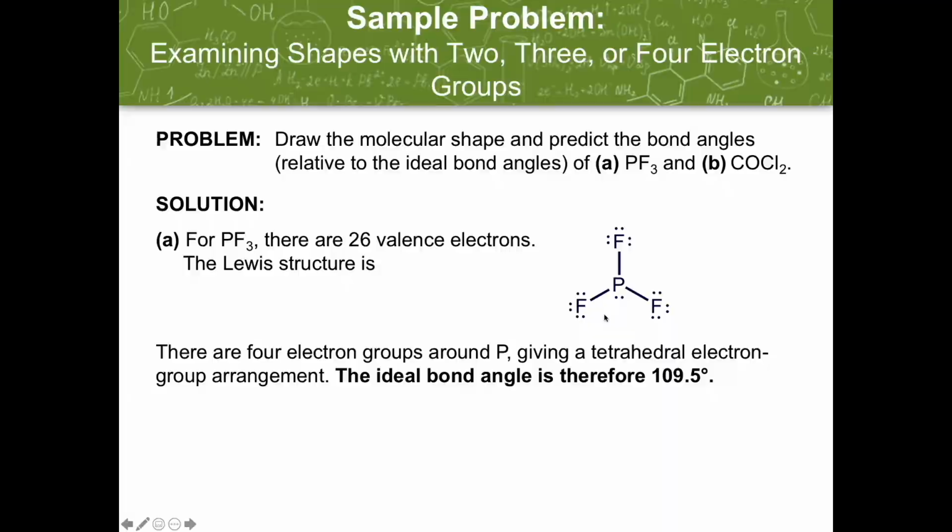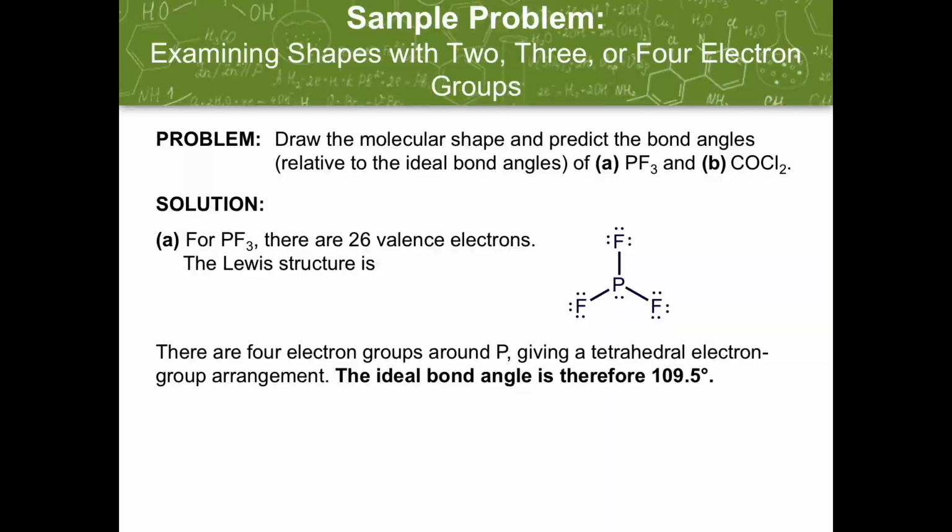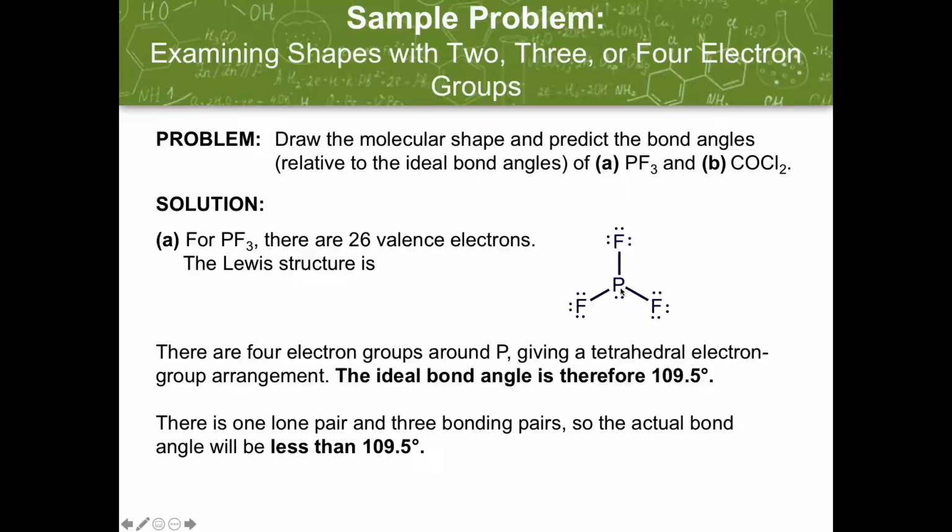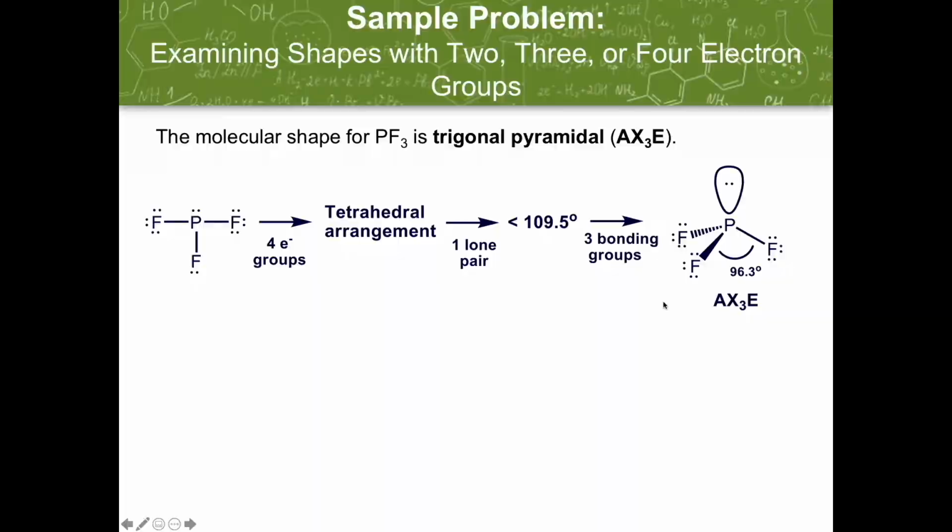Now, if you look at this one, supposedly if we have 4 electron groups around the central atom, we can give it a tetrahedral shape. However, if you look at the central atom, it has 1 lone pair and 3 surrounding atoms. If that's the case, we look at another shape, which will be the trigonal pyramidal.